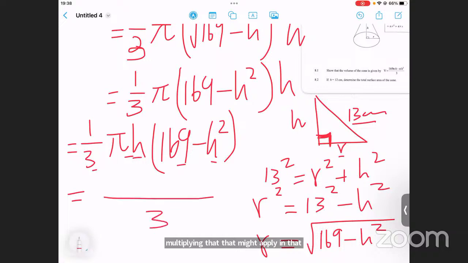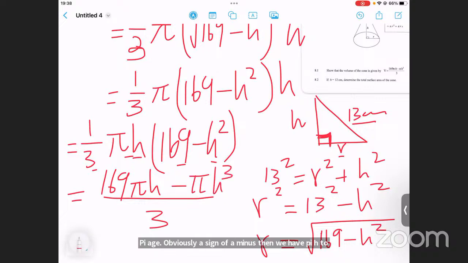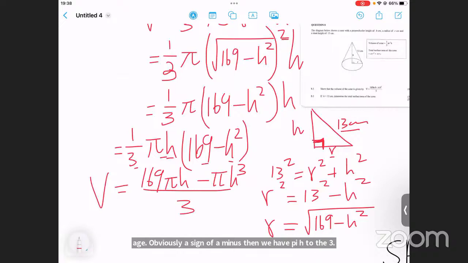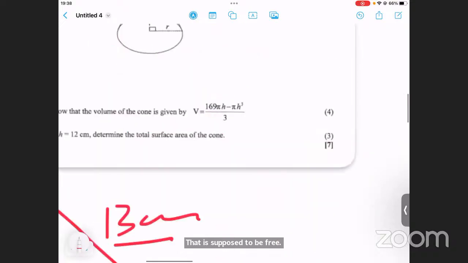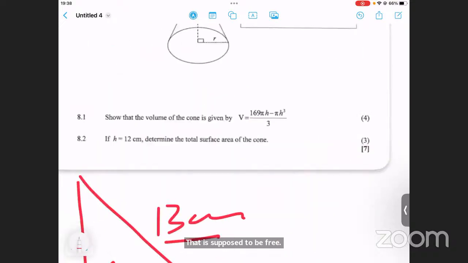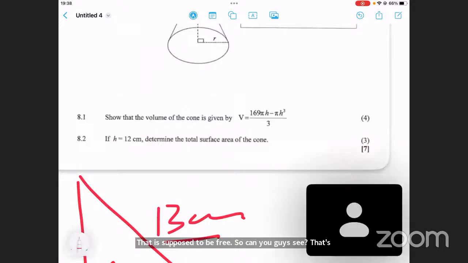So that means you have, as we normally start with a number, 169 pi h, obviously a minus sign, then we have pi h to the power 3. Remember, that is supposed to be V. So can you guys see? That's how you score yourself 4 marks on that one.